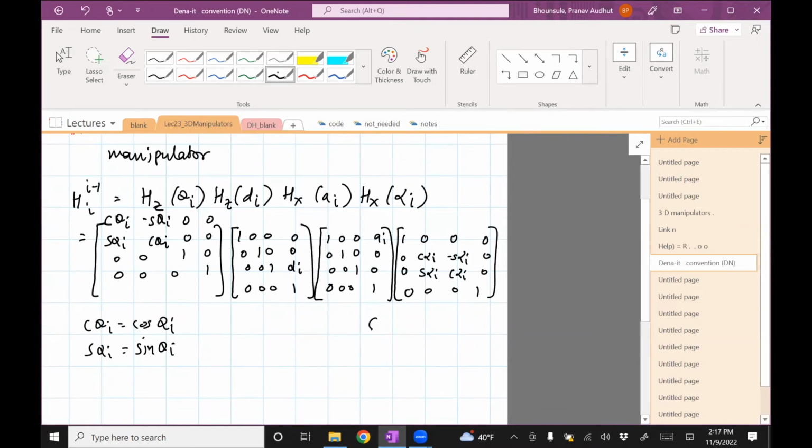Here, c alpha i is cosine alpha i, s alpha i is sine alpha i.